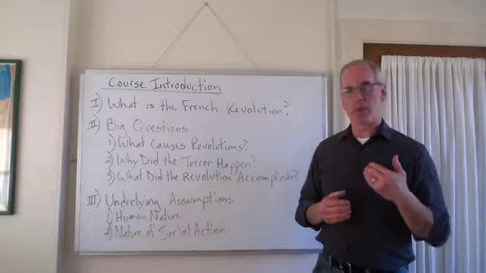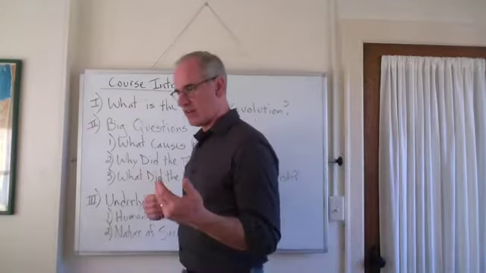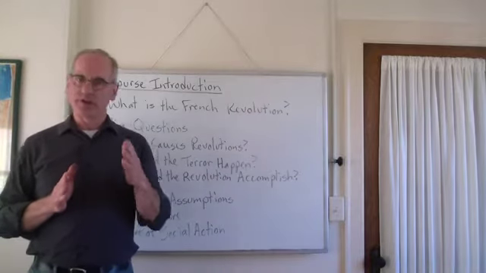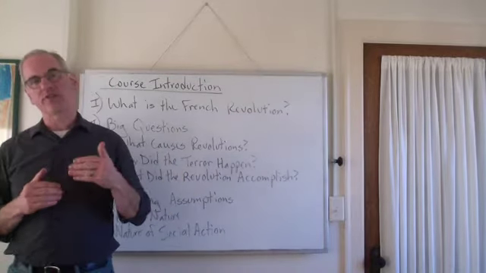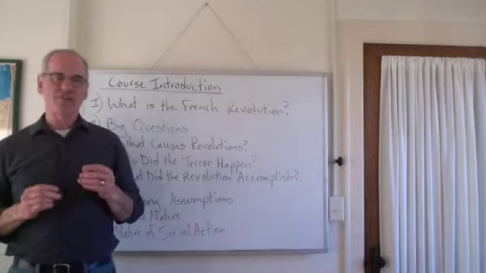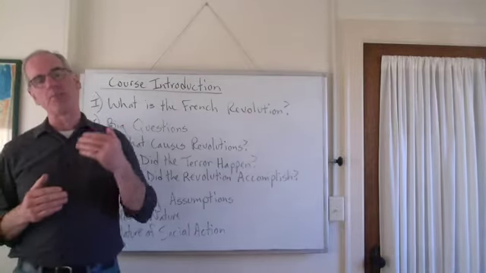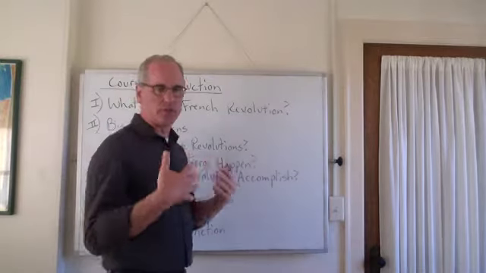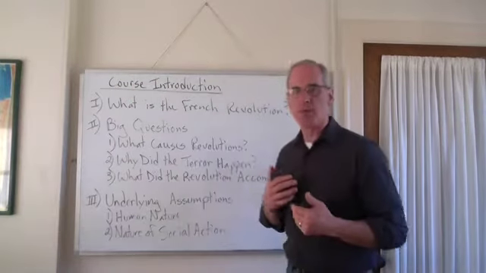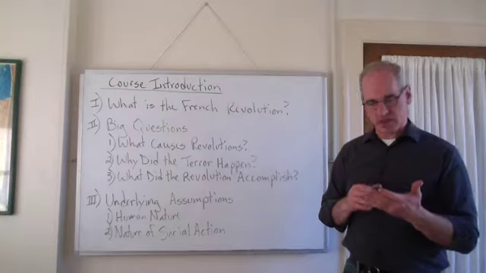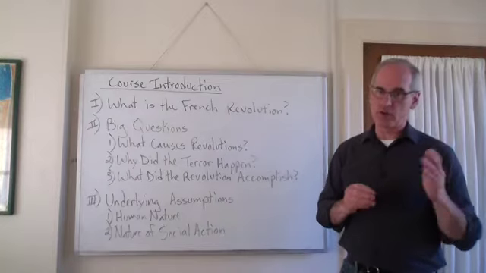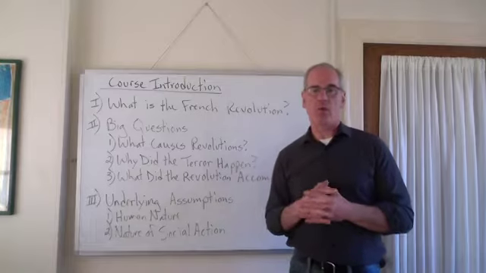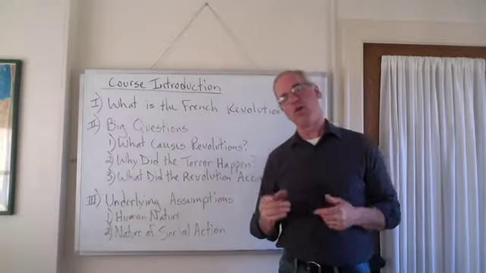So we're going to be looking at a bunch of different historians and how they explain the French Revolution. Each of them has different things they think are important, and different theories about why revolutions happen and why they go the way they go. So we're going to be studying not only the facts of the French Revolution, but also the theories historians have about why revolutions happen.